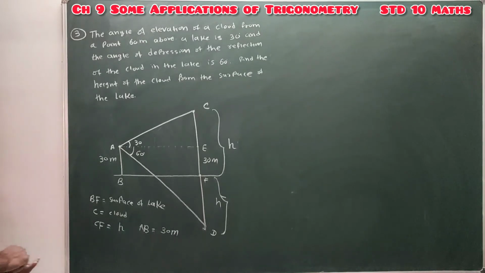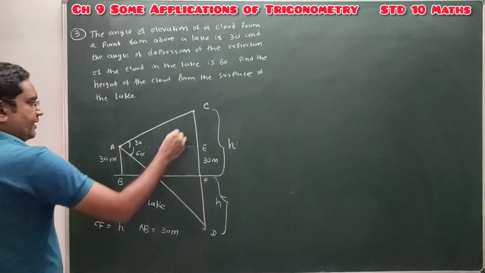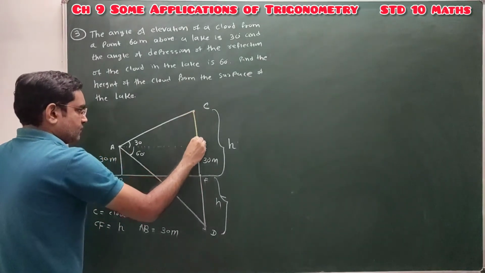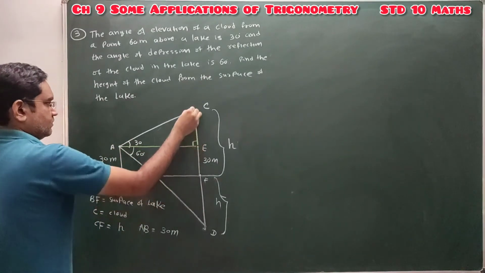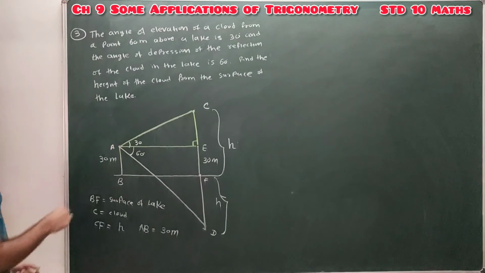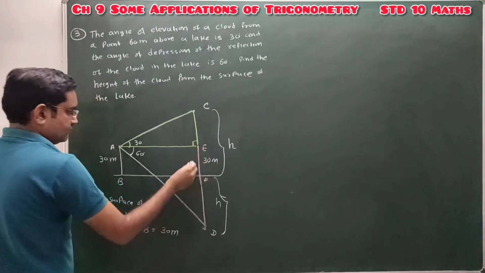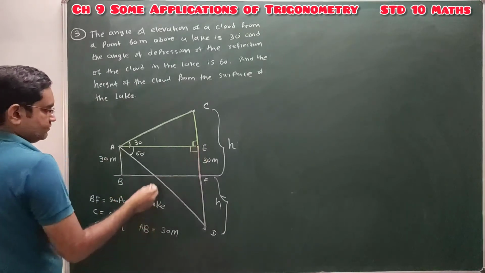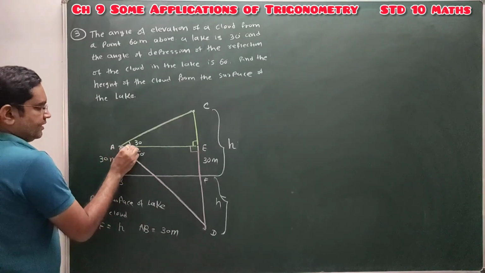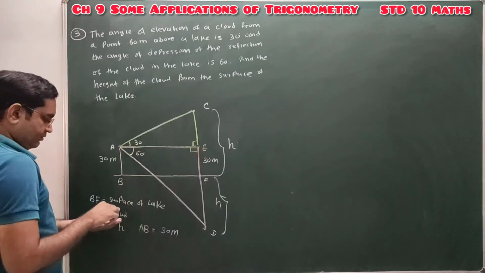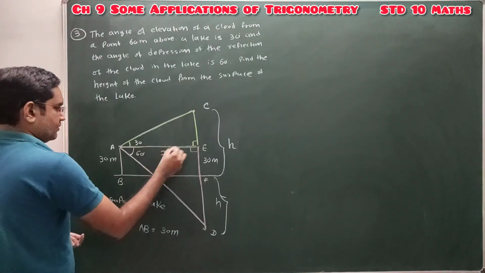Done. So now two right angle triangles are there. So here first right angle triangle is this one, and second right angle triangle is this one. So by using this right angle triangle, this is common side, let the distance between these 2 points A and E is x.